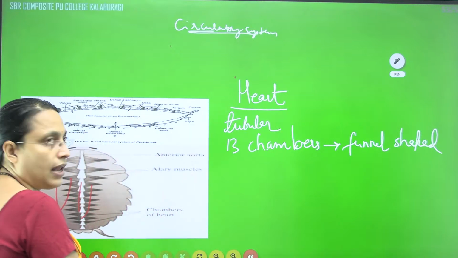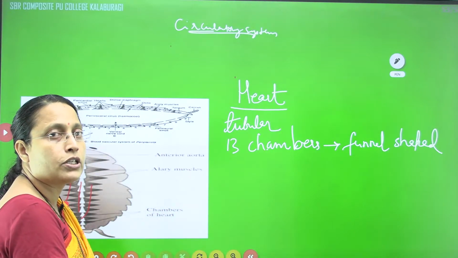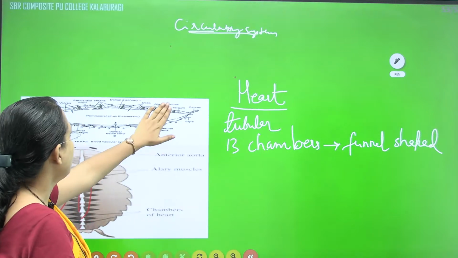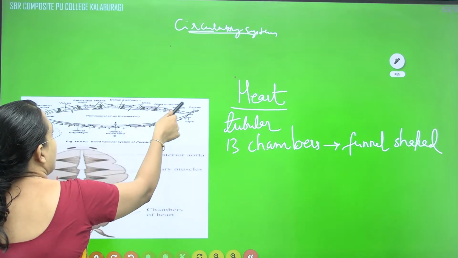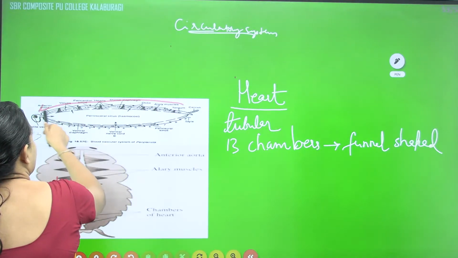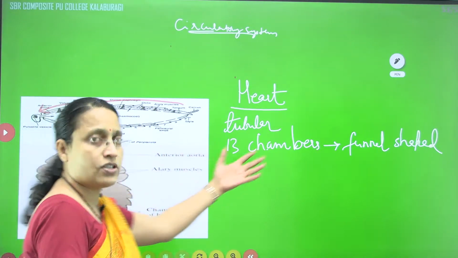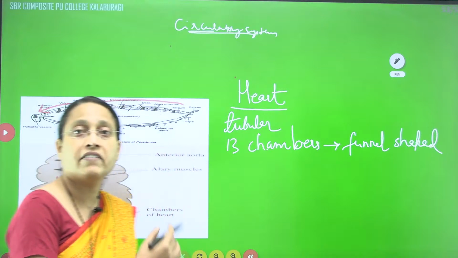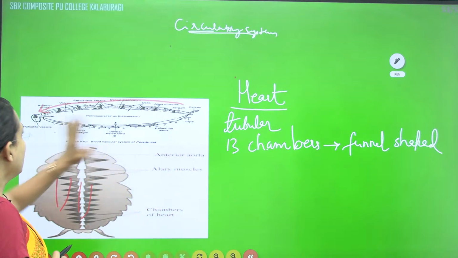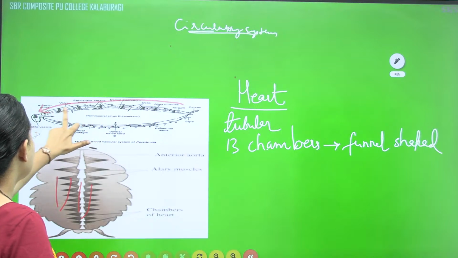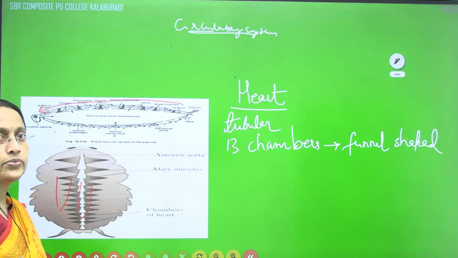So then the heart is able to pump the blood from which direction? From posterior to anterior direction. There is no reverse flow because of the functions of various valves at different levels. Understand? So the blood is pumped from posterior to anterior direction.